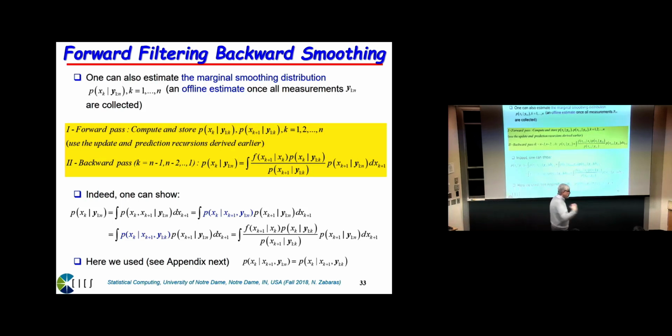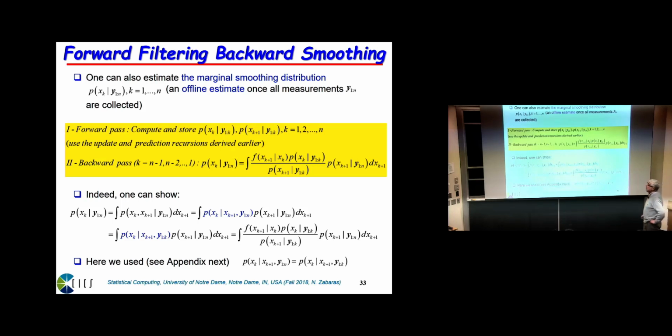The idea here is, if you collect all the data, what's the best you can say about x_k? That distribution is called the smoothing distribution. If you finish, you observe everything, then you can come back and say, can you tell me what x_k is? Obviously this will give you a more smooth distribution than the one that only uses data up to time k.